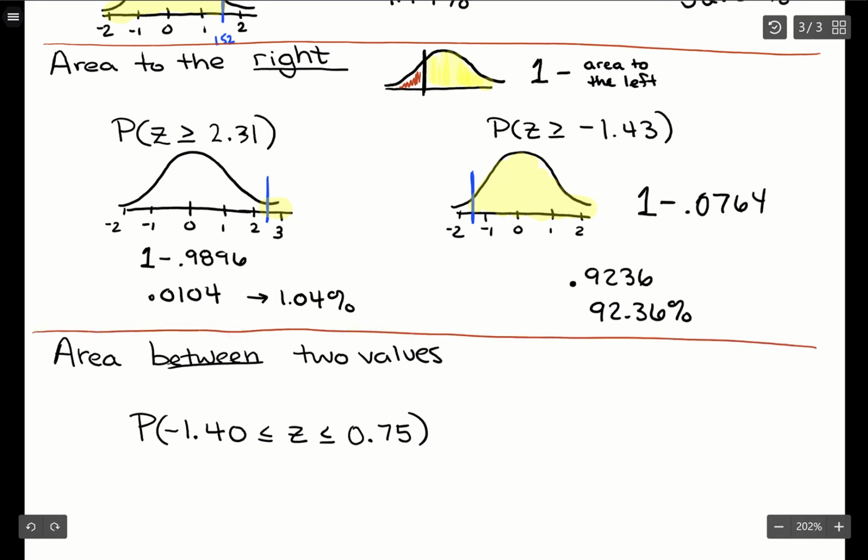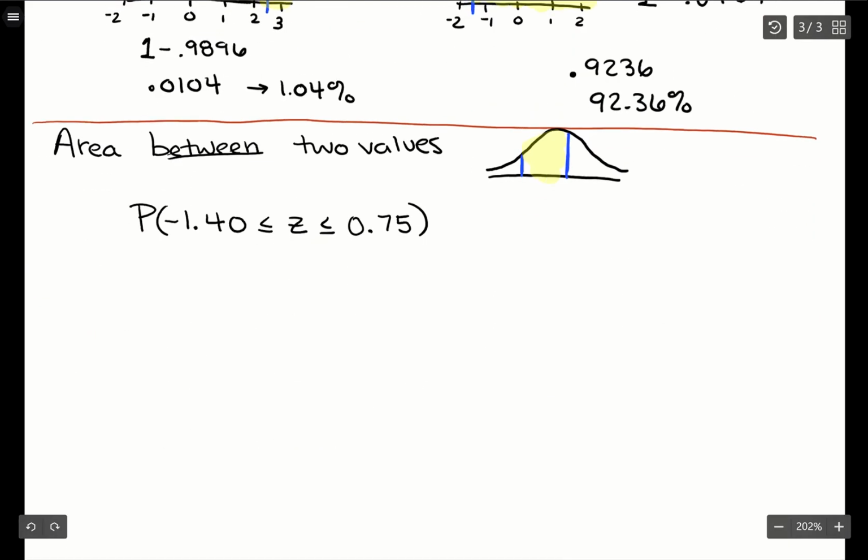Now looking between two values gets a little tricky. So what we're doing with this one is we're going to have our curve, and then we're going to have these two values kind of sectioning off the area that we want to look at. So what we need to do is get creative with how we only use areas to the left to do this. So let's look at this picture for negative 1.4 up to 0.75.